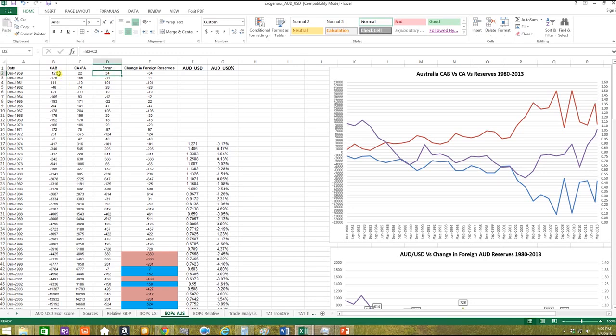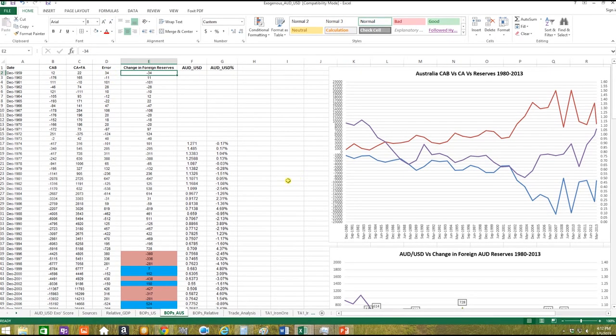The current account balance plus the financial account should equal 0, but it doesn't. It equals 34. And then we have the opposite of that, which is the balancing item, being the inverse of the error as to whether Australia is in surplus or deficit.